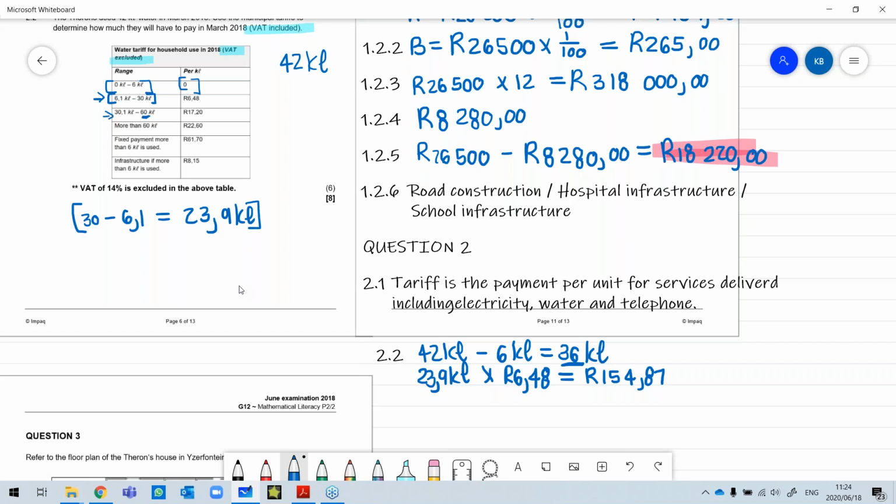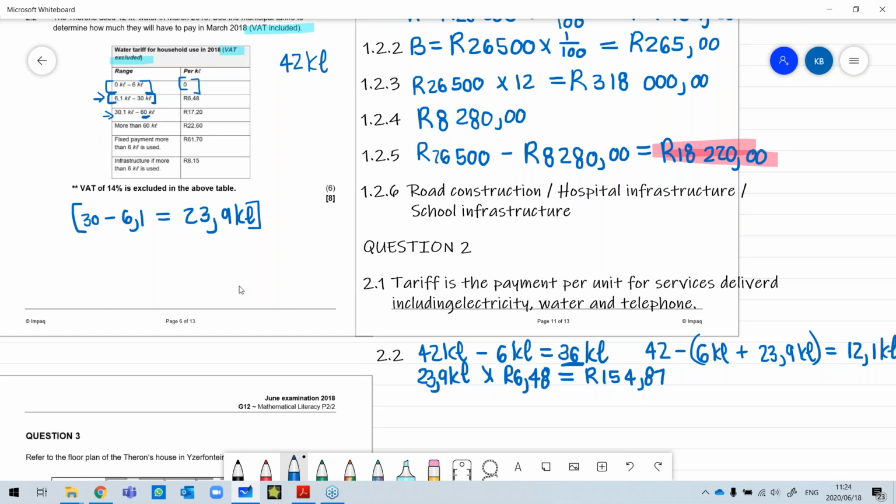We are going to do that by first of all saying, we get the first 6 kiloliters free. We've already calculated the tariff for 23,9 kiloliters. And then all of this, we subtract from 42. This gives us an answer of, let's quickly calculate, 12,1.